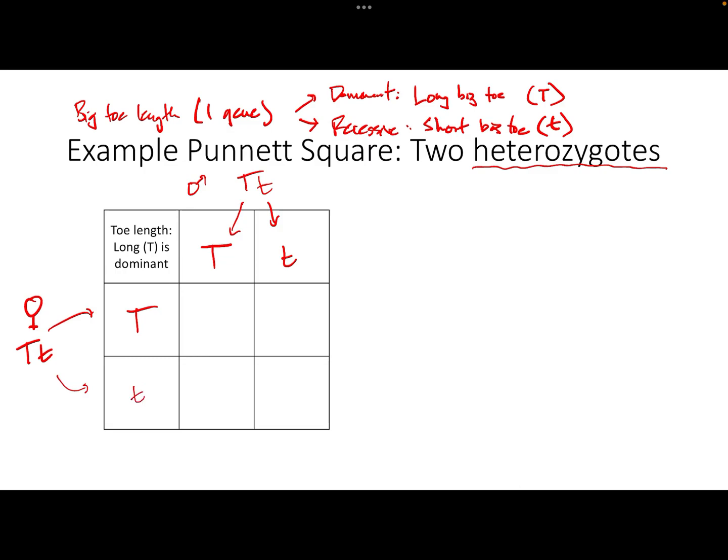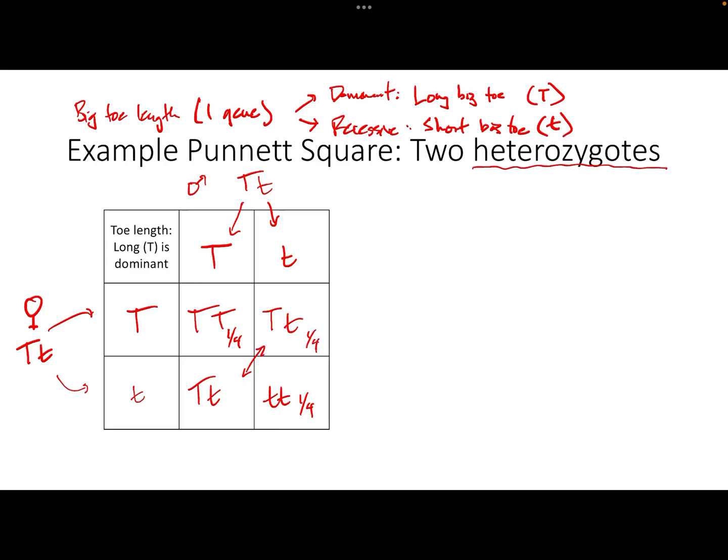The resulting possible offspring could either be homozygous dominant, and that will happen about 25% of the time, homozygous recessive, that will happen about 25% of the time, or heterozygous, and that will happen about 50% of the time.